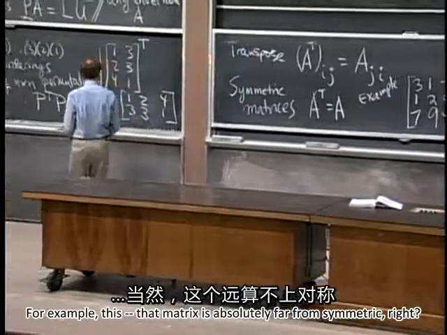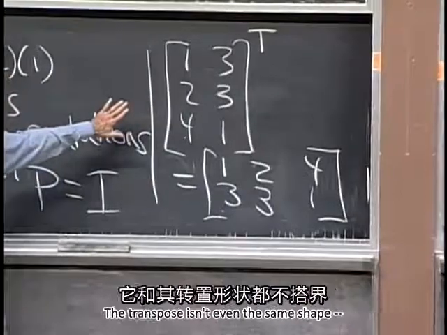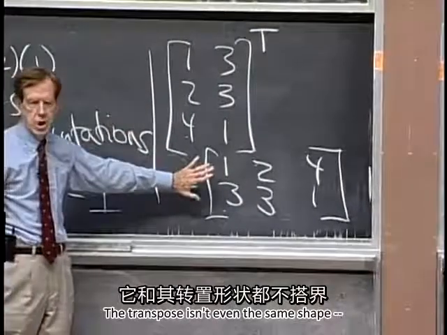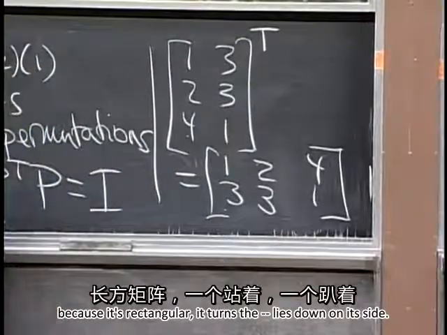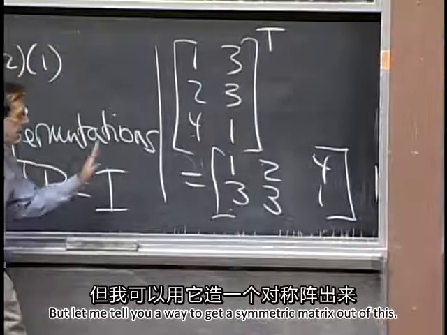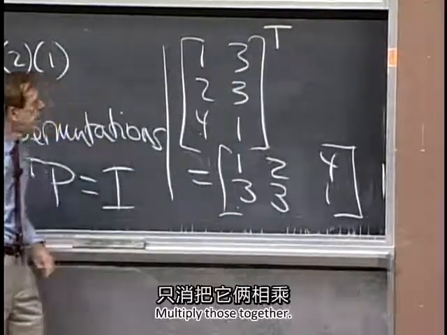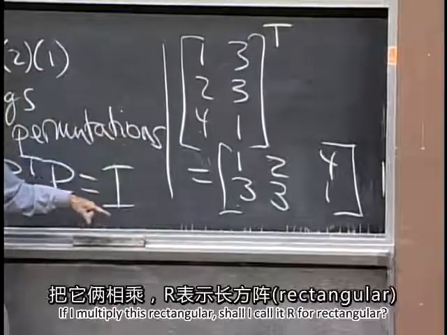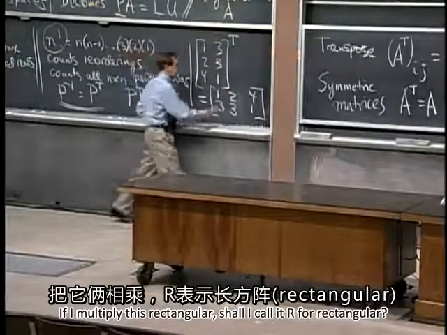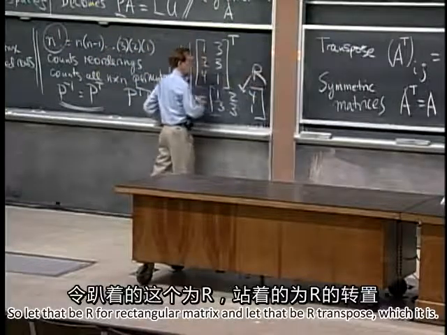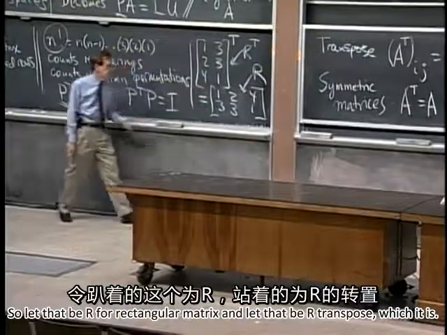For example, that matrix is absolutely far from symmetric, right? The transpose isn't even the same shape because it's rectangular. Lies down on its side. But let me tell you a way to get a symmetric matrix out of this. Multiply those together. If I multiply this rectangular, shall I call it R for rectangular? So let that be R for rectangular matrix, and let that be R transpose, which it is.